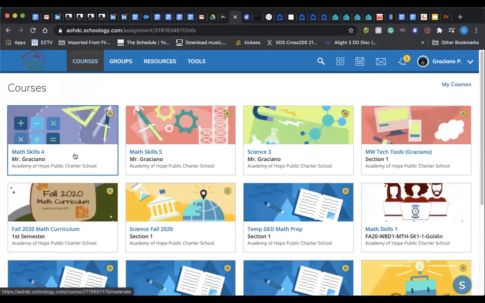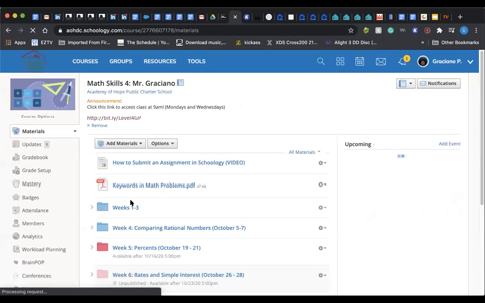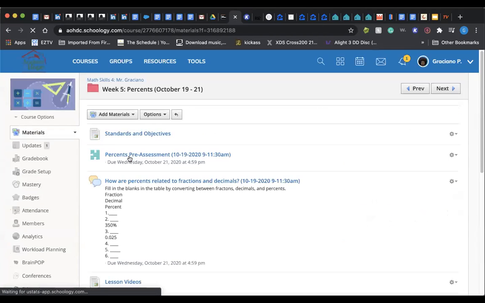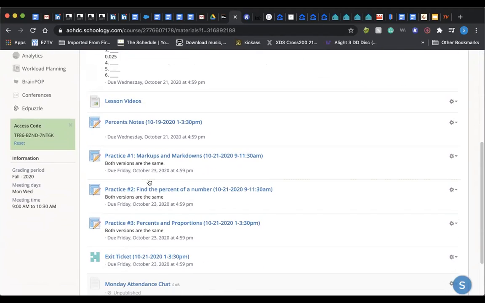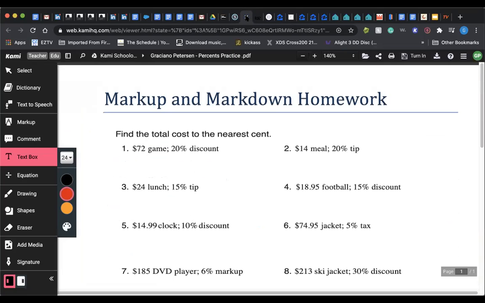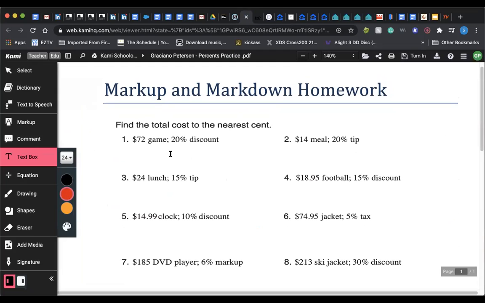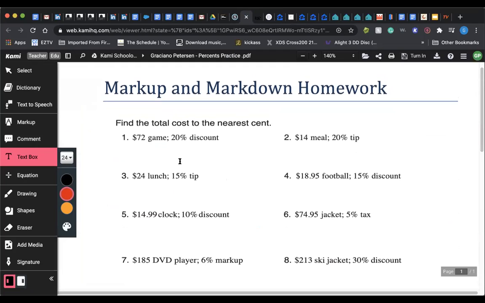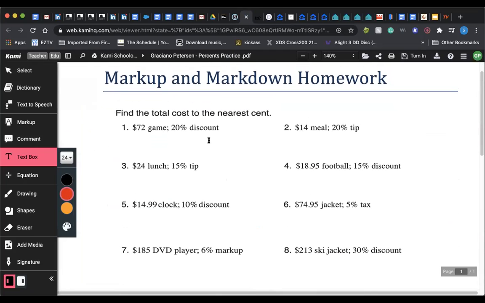So again, courses, Math Skills 4, week 5, percents, and we're going to go down to practice number 1, markups and markdowns. And I have opened it in Kami already. So a markup, again, tax or tip, markdown is a discount. So we're going to work through the math that we need to do to get those things done and accomplished.